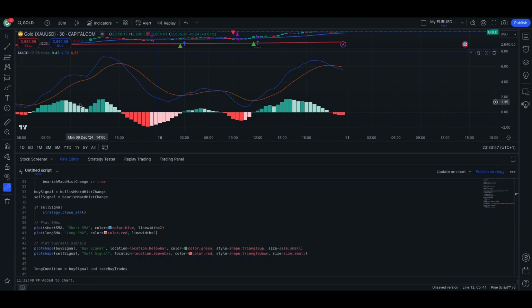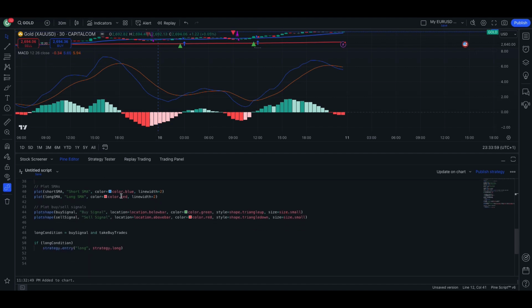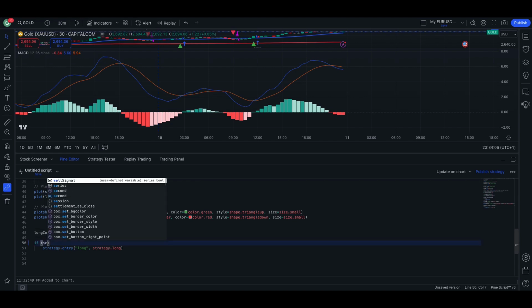But we are taking only the long trades. So let's see what happens if we take the sell signals.